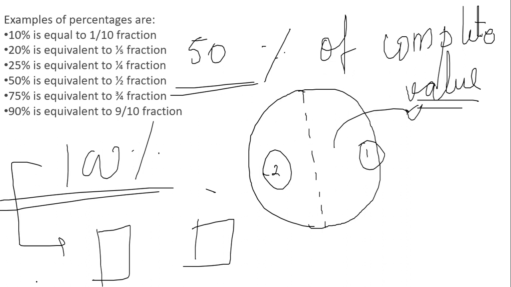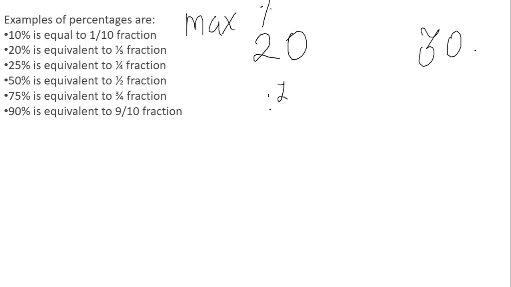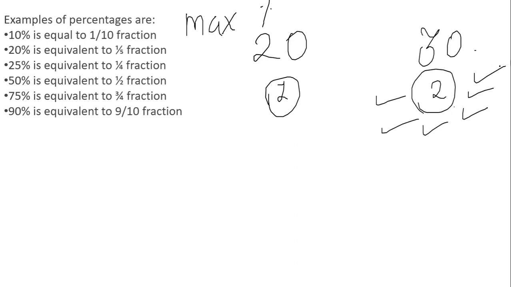One more example I would like to give you. There are two students. One got 20 marks and the other got, for example, 30 marks. Now I ask who got the maximum percent among these two students. This is student number 1, this is student number 2. Many students will say, ma'am, the second student must have got the higher percent than person 1.